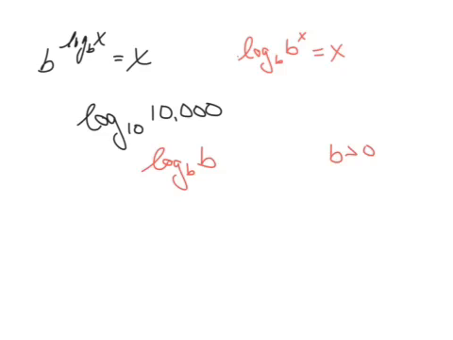So let's see what we've got here. What is the exponent on b? It's 1, since there isn't one written, there is an exponent of 1. So we look back up here, and when our b's are the same, the exponent is the answer.